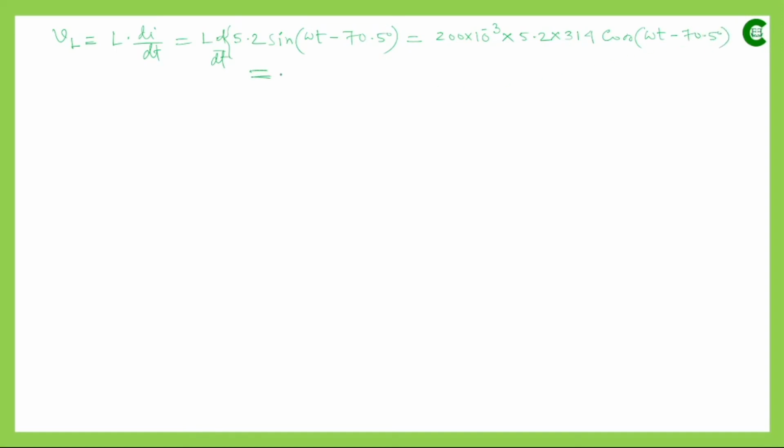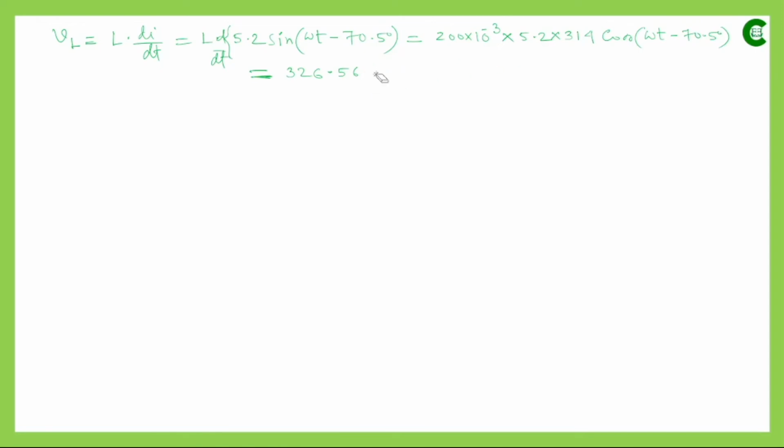This value will again give the same value that we have already seen in the previous slide. So it will be 326.56, and this will be cos omega t minus 70.5 degree.